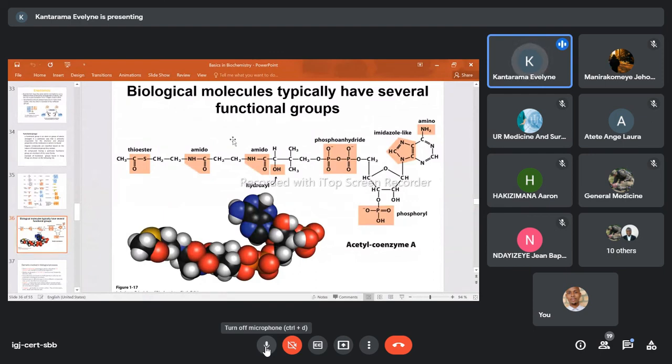But mostly in this acetyl coenzyme A, the most active we used to observe is this thioester function in biological systems. But in other systems or in other conditions, you may find any other group dominate, but mostly in biological systems, this one is the one that functions to transfer acetyl groups.